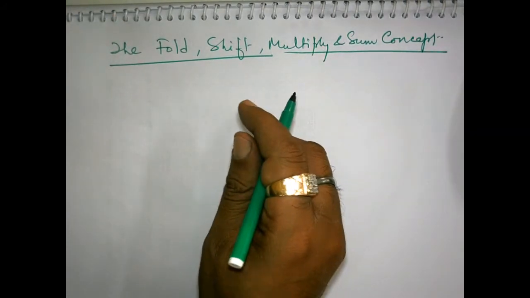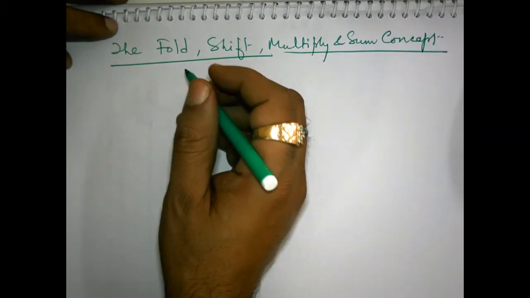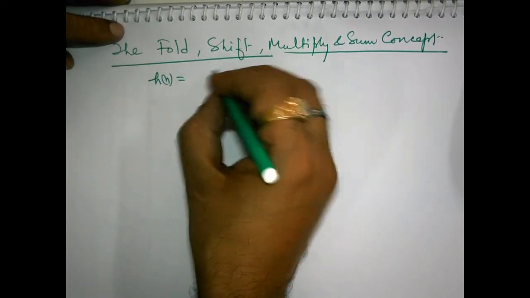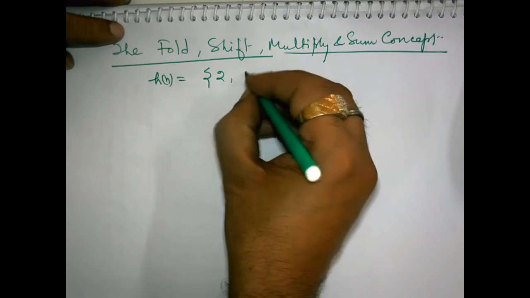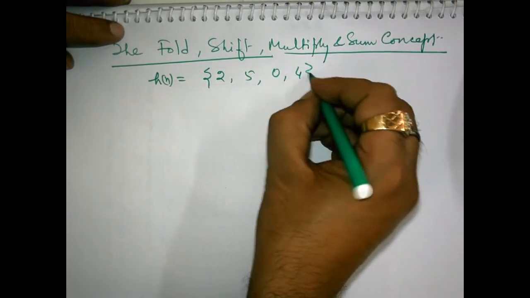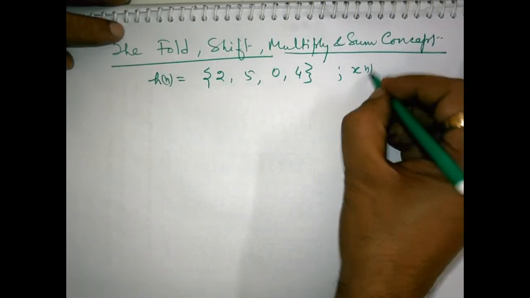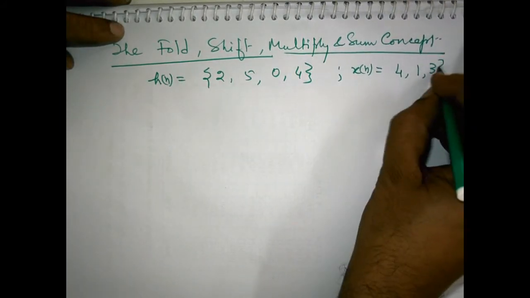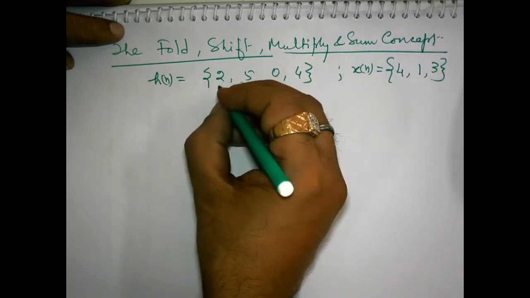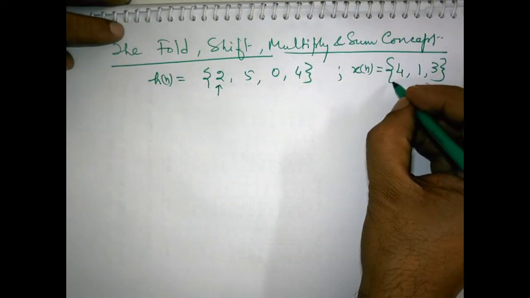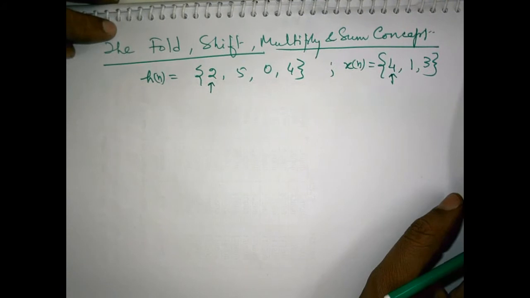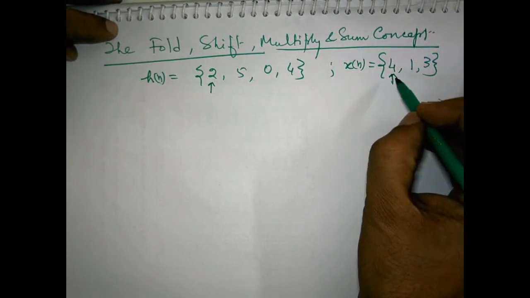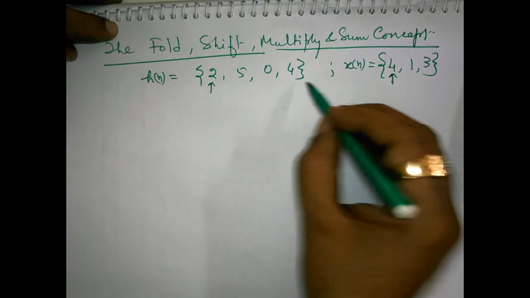What this method says is that, suppose Hn is given to you, which is 2, 5, 0, 4, and Xn is given to you, which is 4, 1, 3, with the origin like this. Then this method says that you fold either of the sequences, either Hn or Xn.